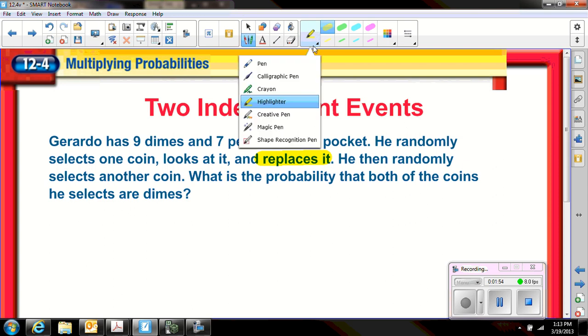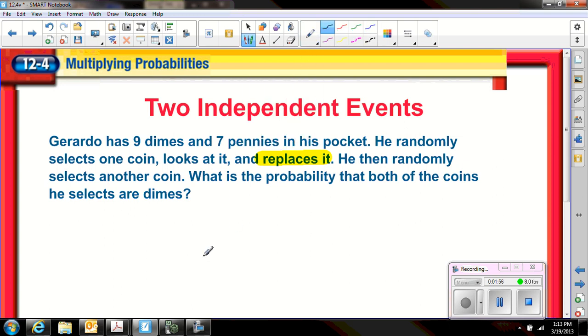So to start off, let's look at the two options. So here's option 1, here's option 2. The first coin he picks out, he wants it to be a dime. Now he has a total of 9 dimes and 7 pennies for a total of 16 coins in his pocket. Probability is the number of successes over the number of outcomes. 9 dimes, 7 pennies.